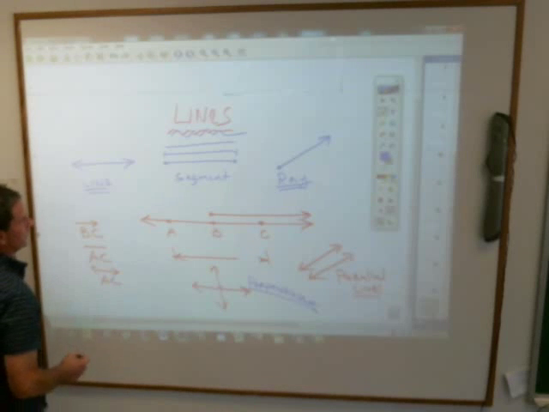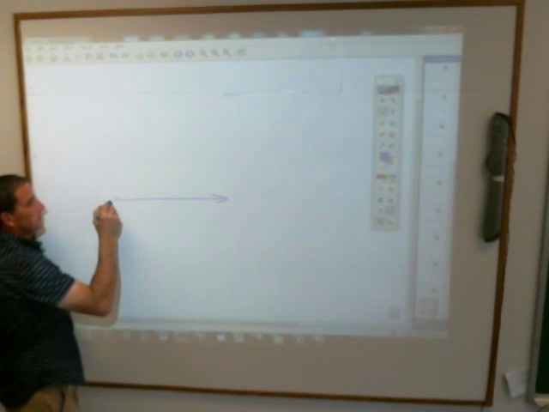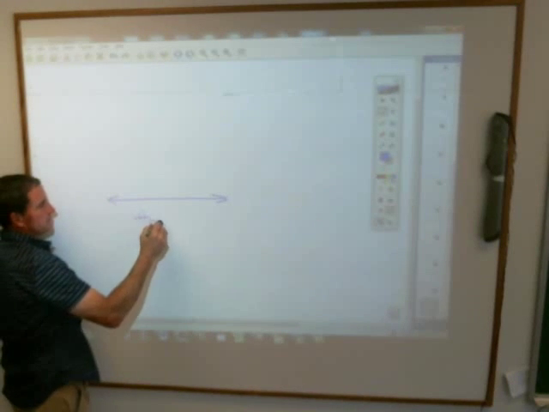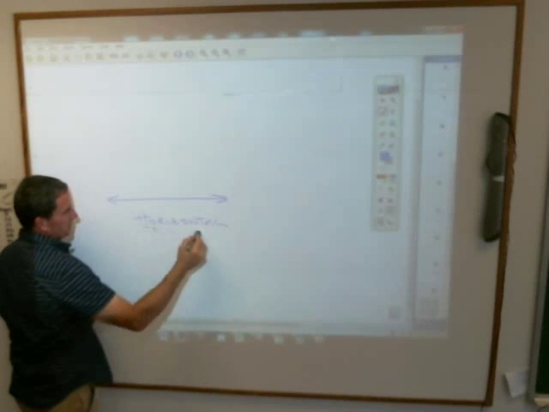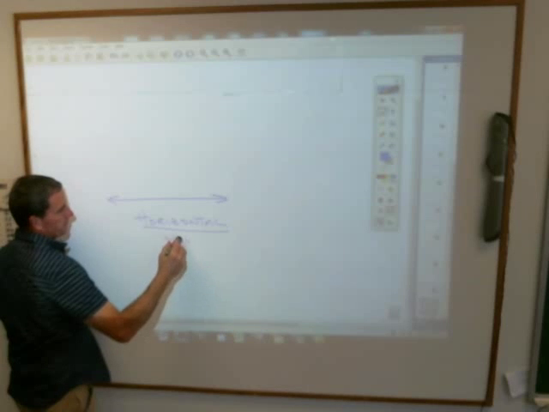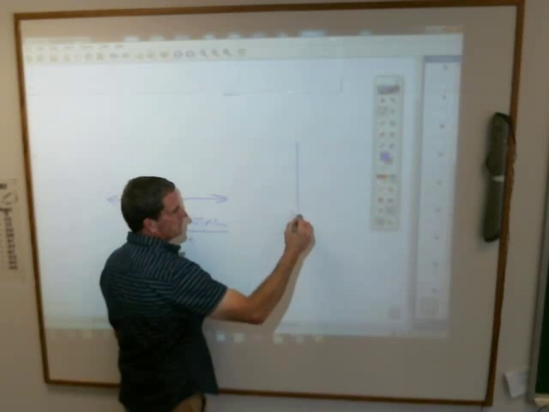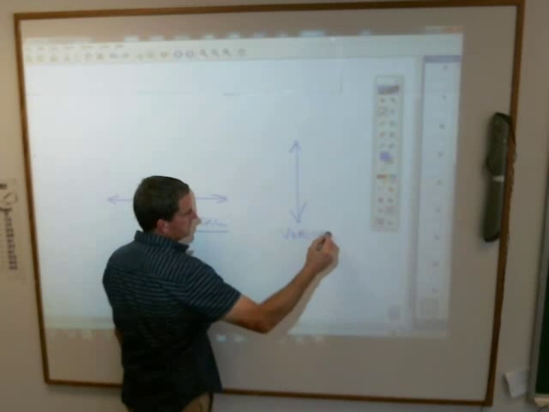In addition to that, we have one that goes this way. Is this horizontal or vertical? This is a horizontal line. If it goes straight up and down, it is a vertical line.